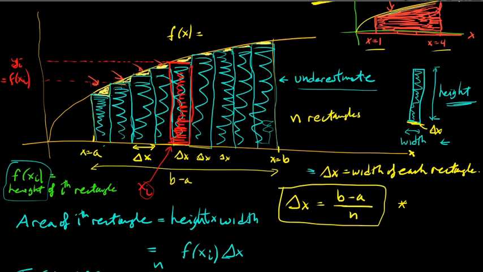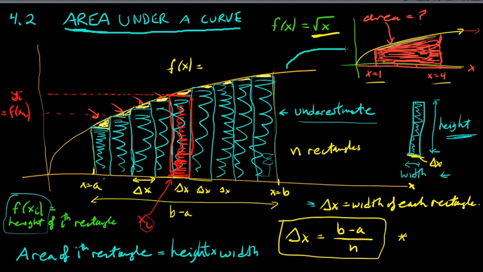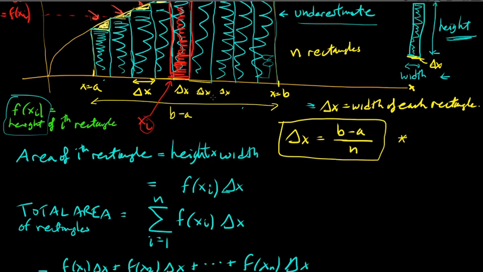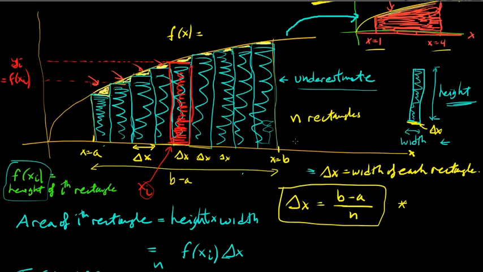However, the more rectangles you use, the smaller the gaps, and as the gaps get smaller and smaller, you get a better and better approximation. Ultimately, you'll get the exact area when you take the limit. There are two ways of thinking about the limit here. One way is to say you want more and more rectangles, so you take the limit as n goes to infinity.